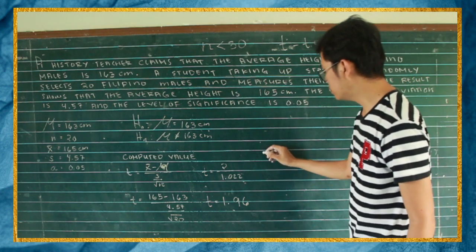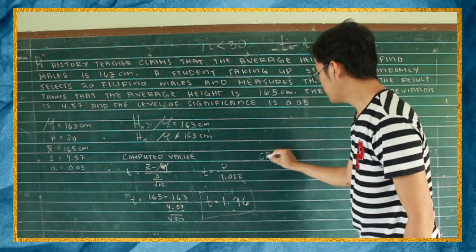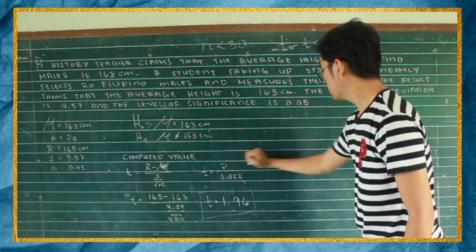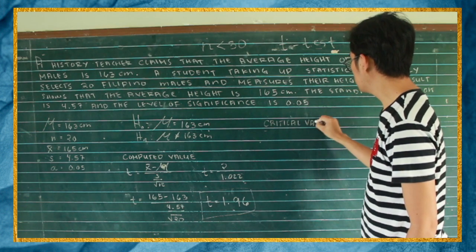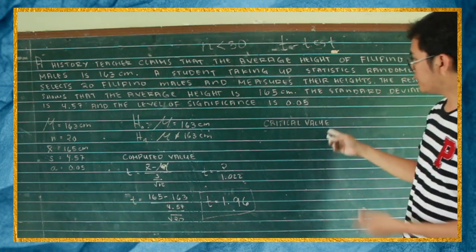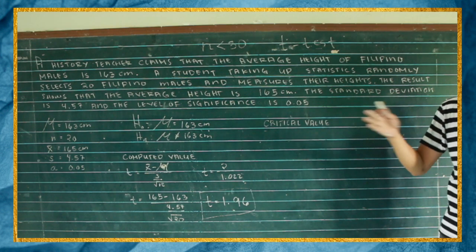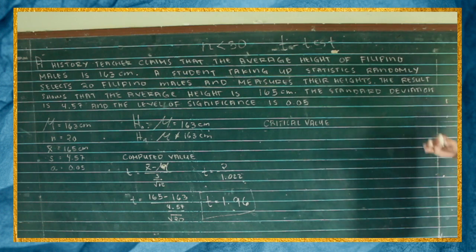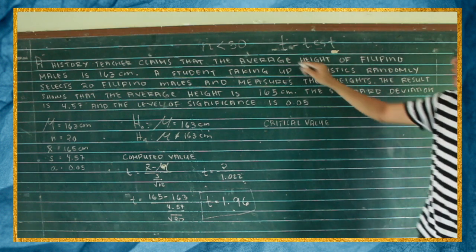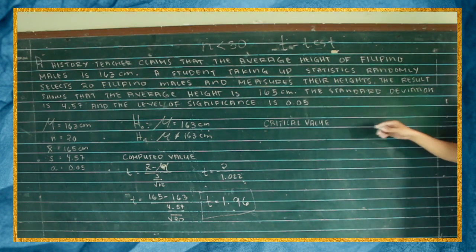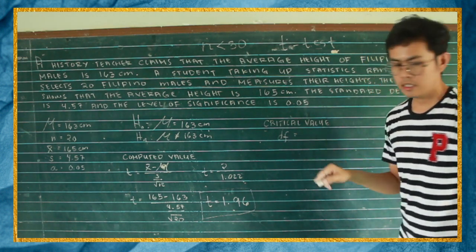For the critical value, since we use 0.05 level of significance, dun merong slight changes sa process. Kasi hindi siya basta positive, negative 1.96. If we are going to use the t-test, para ma-check natin yung critical value, we have to get first the degree of freedom or the DF.